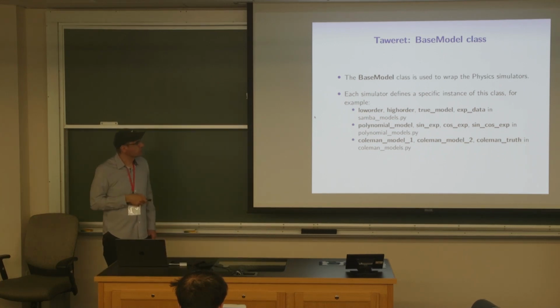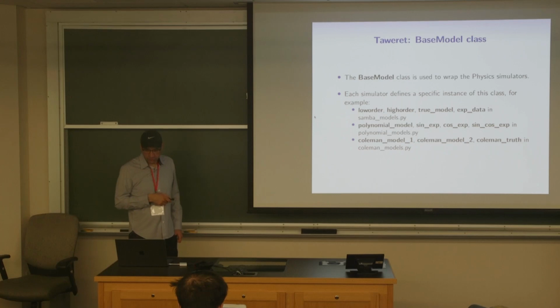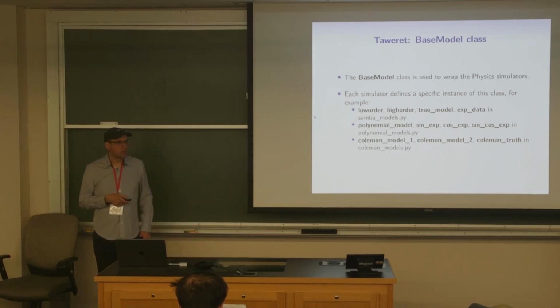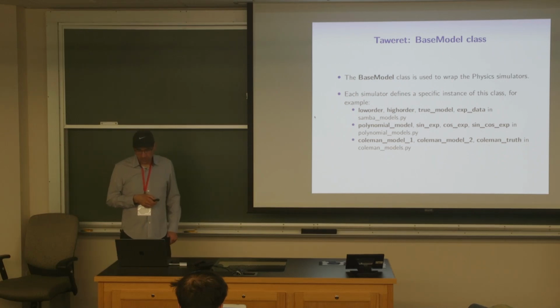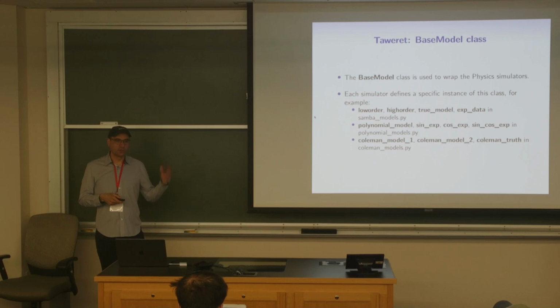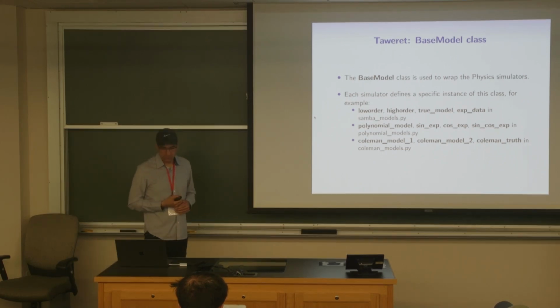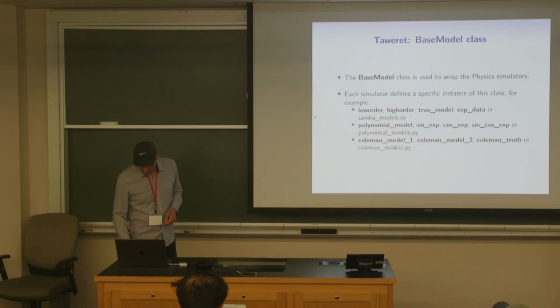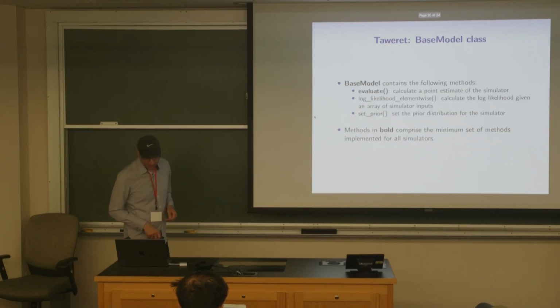These polynomial models are the ones that appear in John's work. And then these Coleman models. So that'll give you some examples. If you want to do your own, you can look at how these were implemented, how they wrap the particular models you're interested in, and then copy and paste.